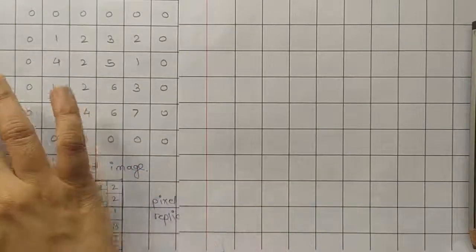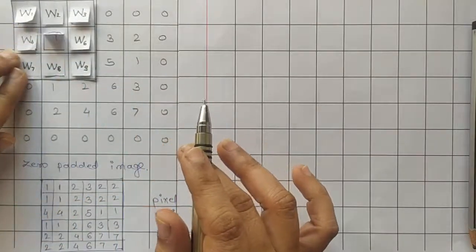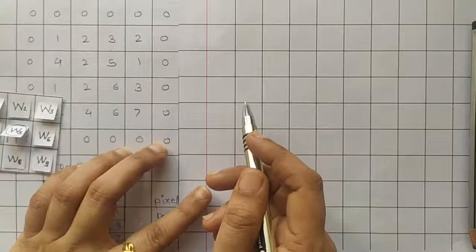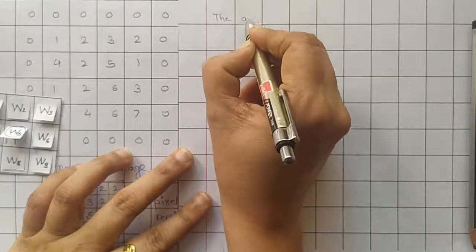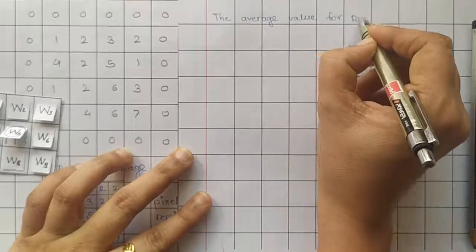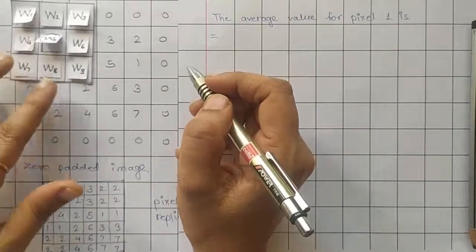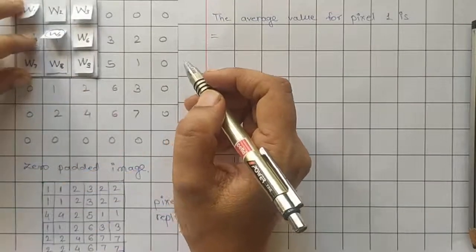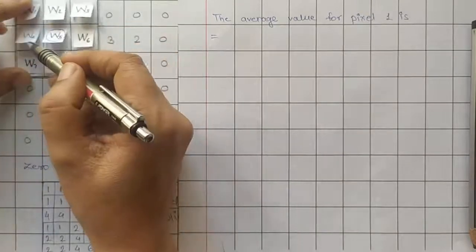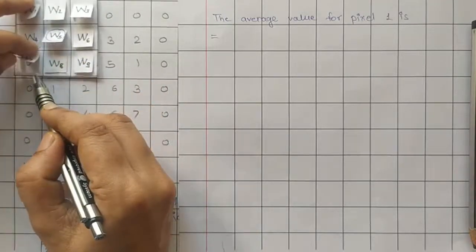Now we put our mask here and multiply. First of all we find the average value for pixel value 1. The average value for pixel 1 will be equal to: W1 coincides with 0, W2 with 0, W3 with 0, W4 with 0, and W7 also coincides with 0.